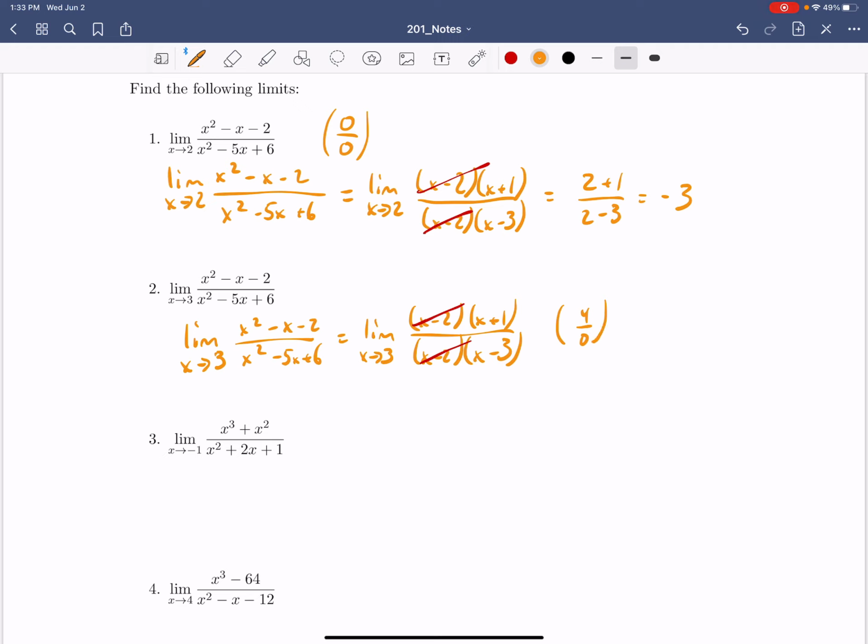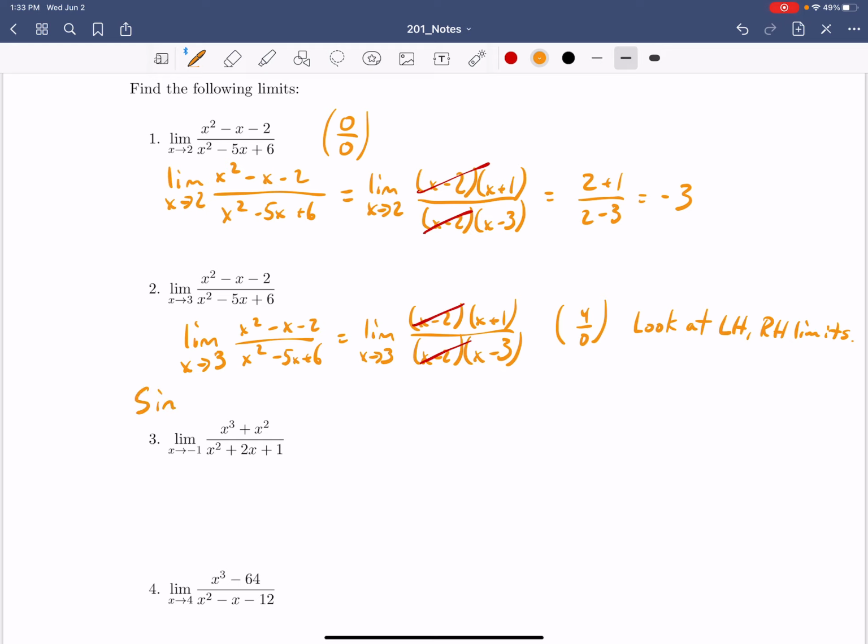But what we have to do is look at the left and right-hand limits. Okay? So I'm going to speed through this a little bit. You don't need to write this down, by the way. But just so that we're crystal clear about what we're going to do, we're going to look at the left-hand and right-hand limits.